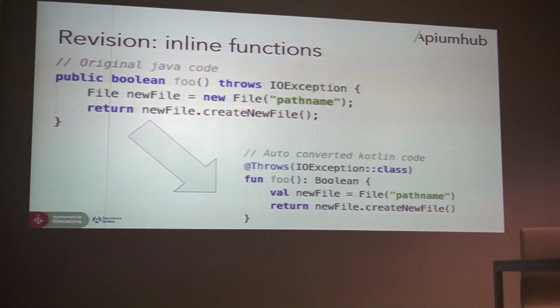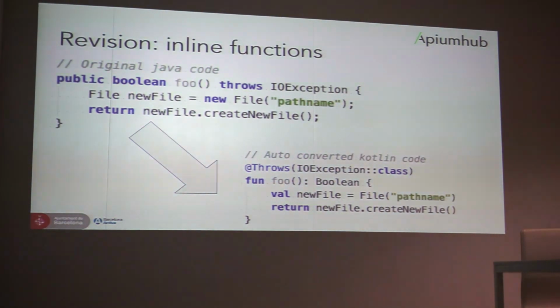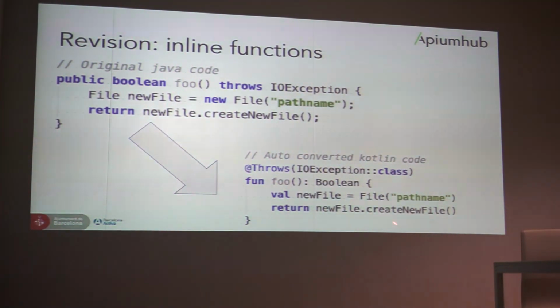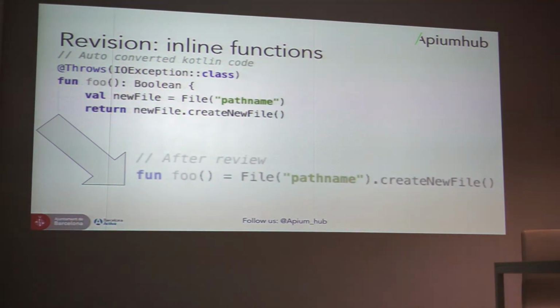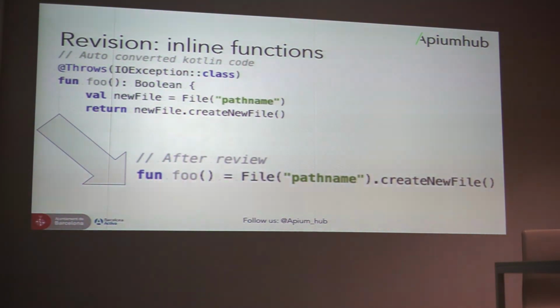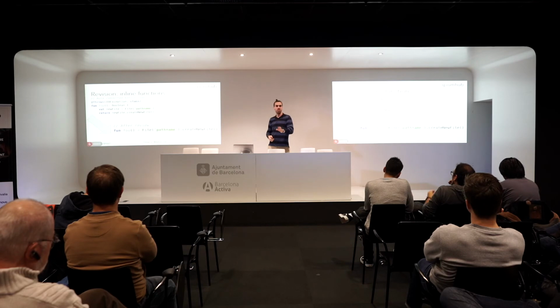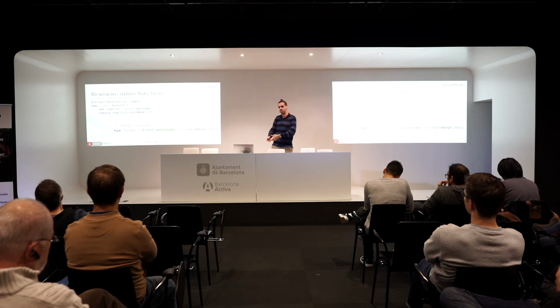So more things that you have to check on your own. You have this inline function, okay? So you automatically convert it, and then you can do it like this. Isn't it nicer? I mean, at least it's terser, that's for sure. We always complain about Java being very verbose, so this helps with the verbosity.